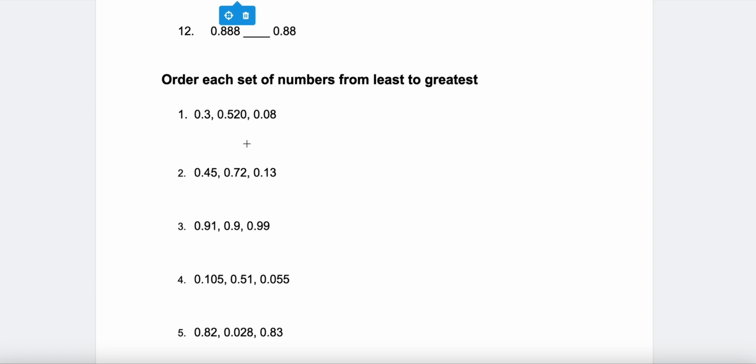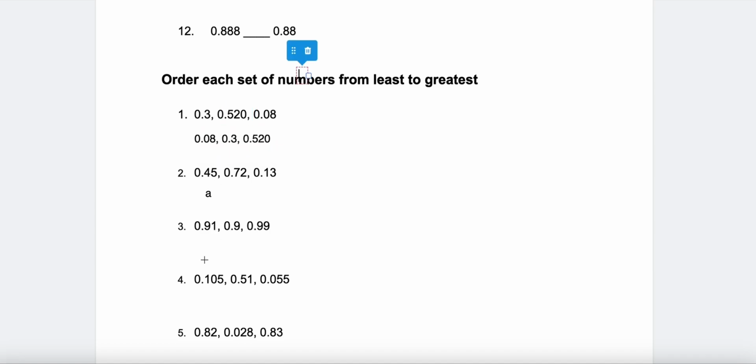Now, order each set of numbers from least to greatest. It says least to greatest, so you have to find the smallest one, which is 0.08, and then 3 or 5. 3 is less, so 0.3, and then 0.520.